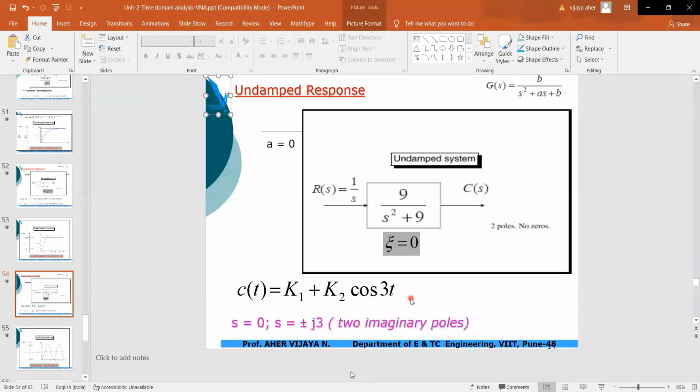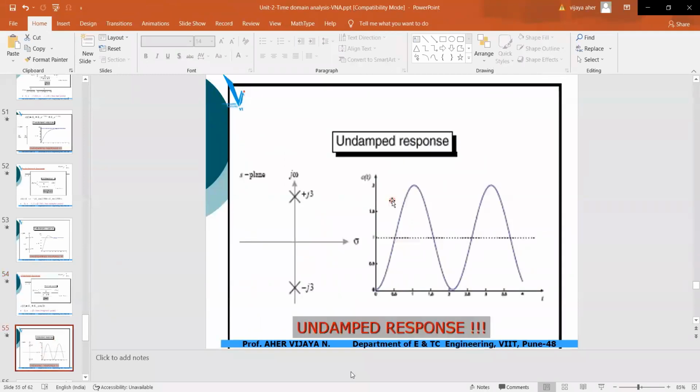Yes, ma'am. Okay. Now plot the poles. Now, for undamped response, when zeta is equal to 0, your system is continuously oscillating. See, there are continuous oscillations. Again negative, positive, and so on. It's continuously oscillating. Was the system stable? No. So this is not of our use.